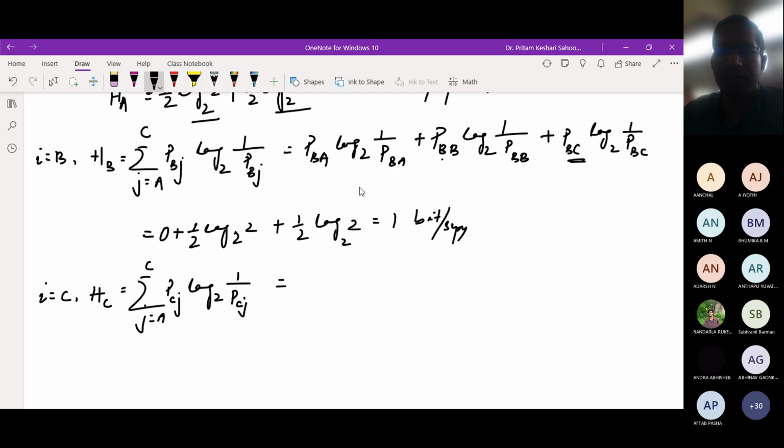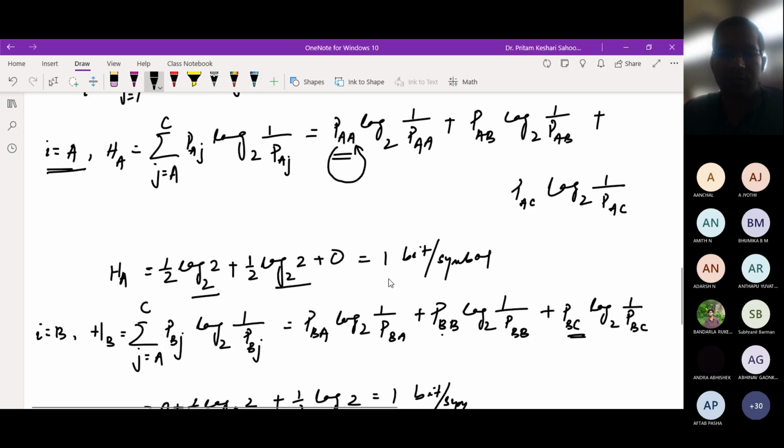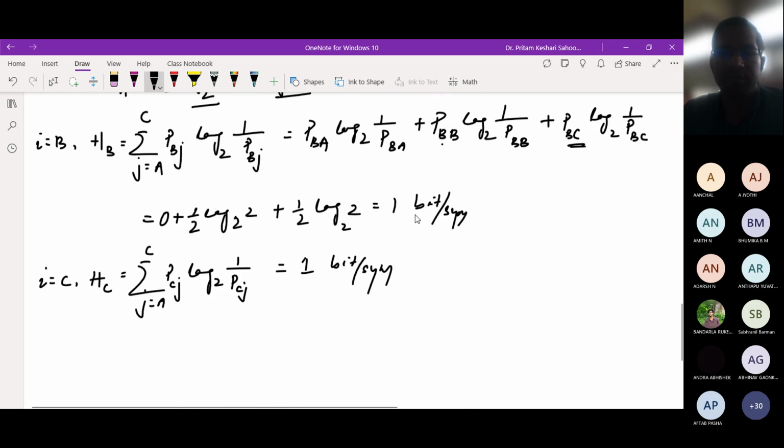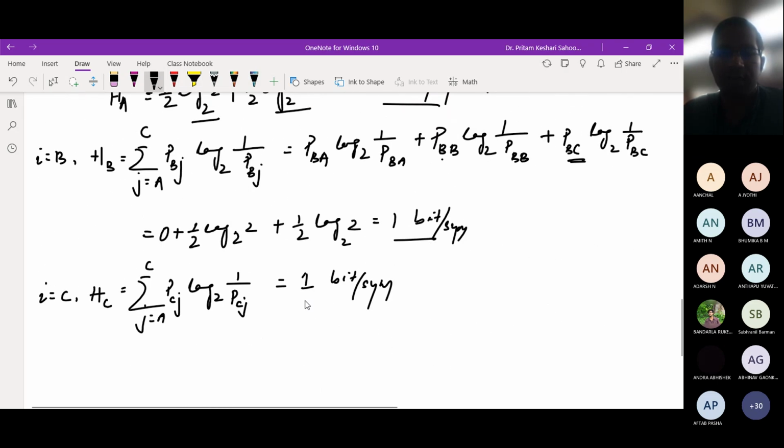You can expand this like this, and finally you will also get the result 1. So this result will be 1 bit per symbol. So what we got: H A value is equal to 1 bit per symbol, H B value is also 1 bit per symbol, H C value is also 1 bit per symbol.